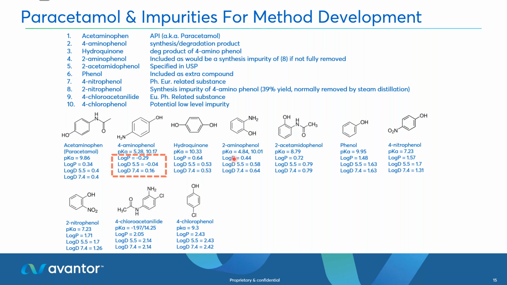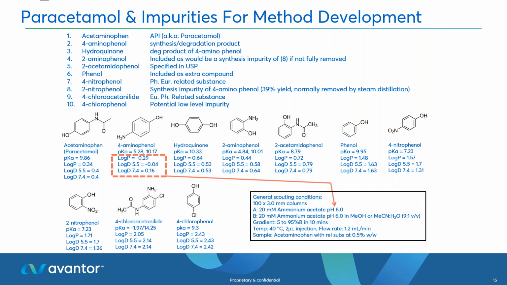And therefore, in this instance, we didn't use our standard screening method, which would be a low pH method. We decided to move the pH up to pH 6, and that meant that we could get better retention for this analyte of interest. The other conditions are similar to what I've shown. So it's a 10 centimeter, 3 mil.